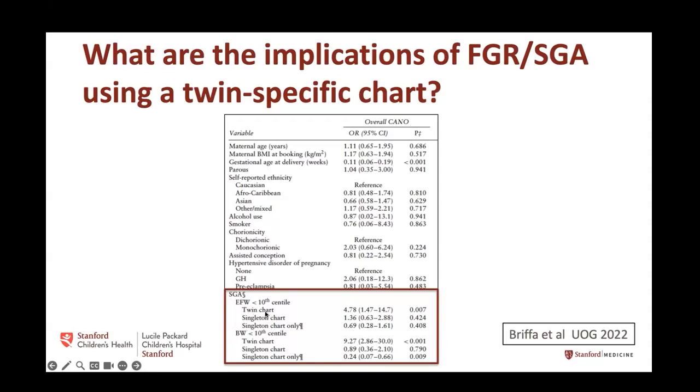You can see that the likelihood of having an adverse outcome if you diagnose an SGA baby or fetus with a twin chart is much, much higher than with a singleton chart. So whether you use the estimated fetal weight or the birth weight, using a twin-specific chart is much more predictive.